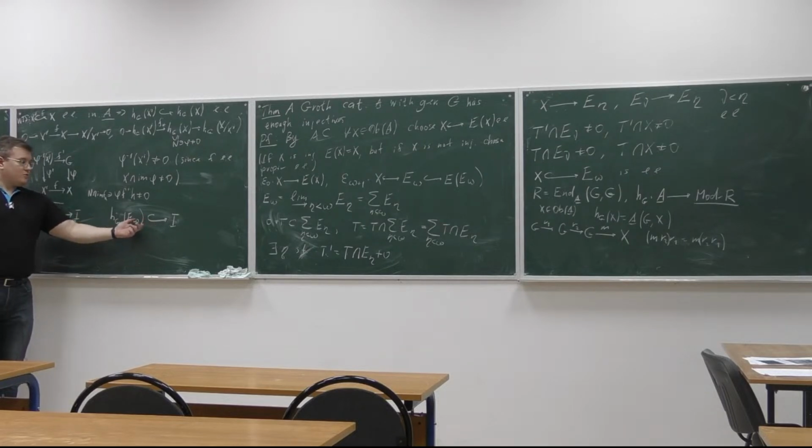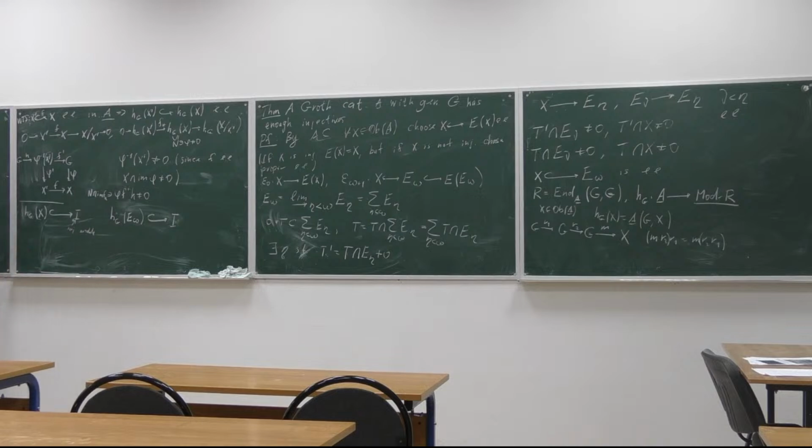It's not possible to embed this for any ordinal to this fixed module I that has some fixed cardinality. Hence, those chains of extensions that we constructed in the first part of the proof actually stabilize.